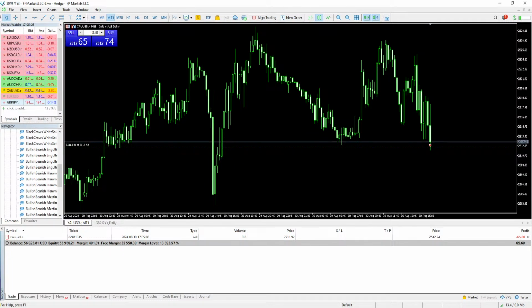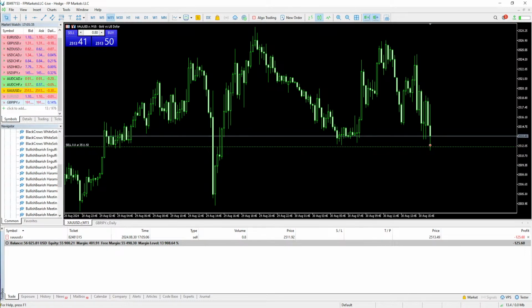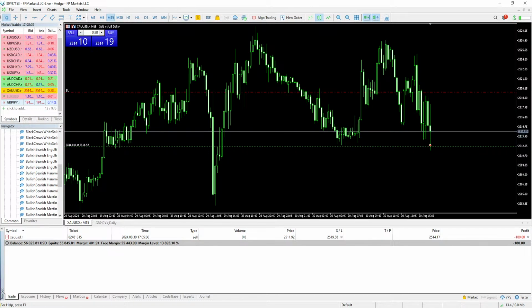My stop loss is 2519.586. Let me place that. Yeah, so I have placed my stop loss, and as we can see the market is now rejecting. So now I need to save the 1% over here which we were talking about, right?